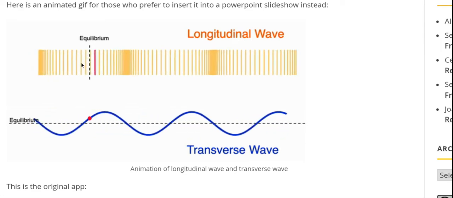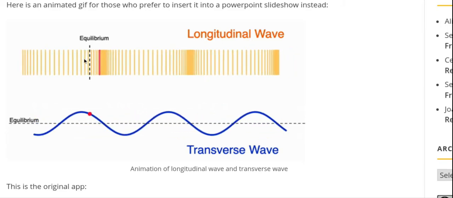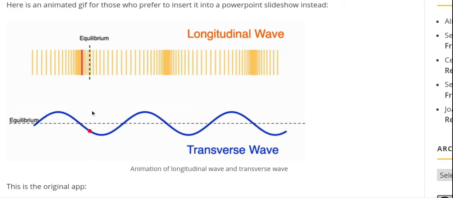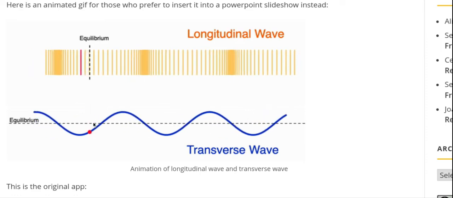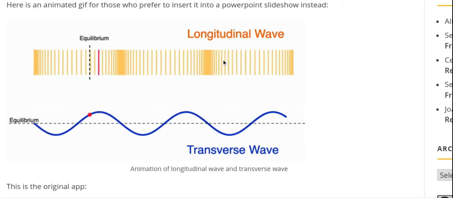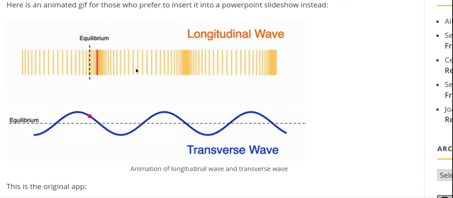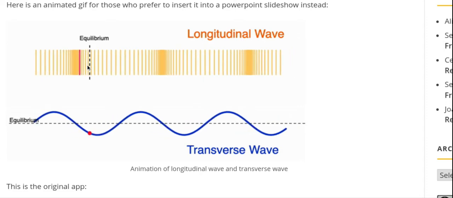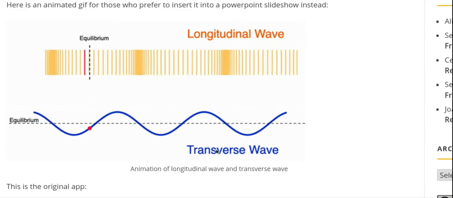So it's in the same direction or anti-direction as the movement of the wave, in contrast with the transverse wave, where the object is moving up and down while the wave moves left and right. Here, the wave is only moving to the right, but the particles are vibrating in the same direction. That's the difference between the longitudinal and transverse wave.